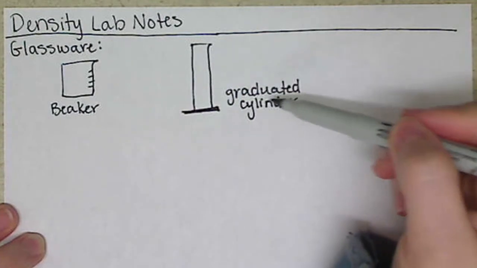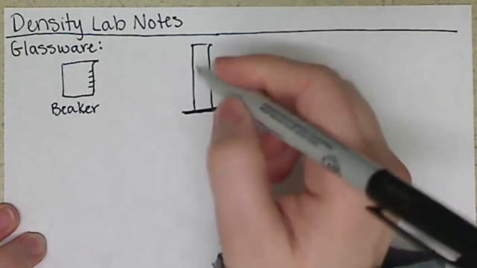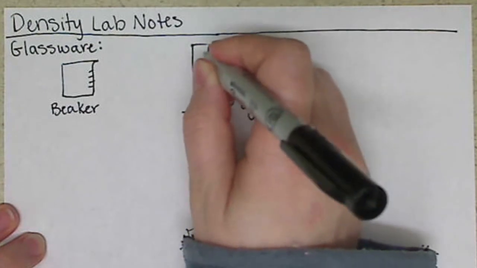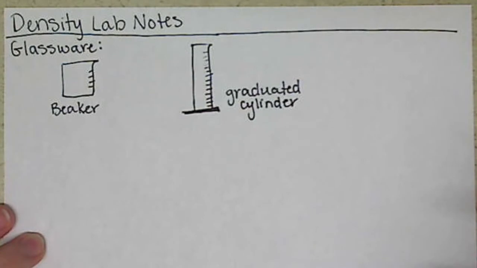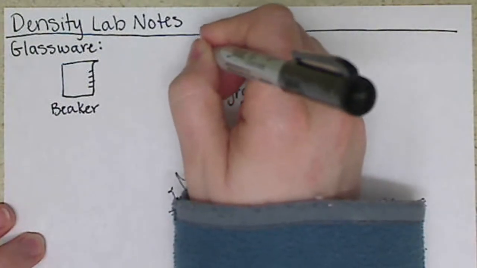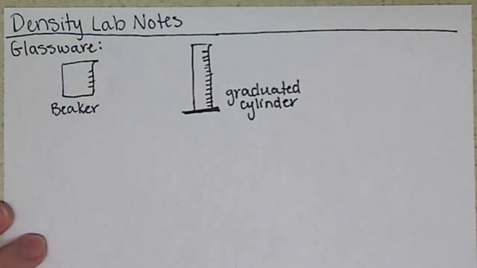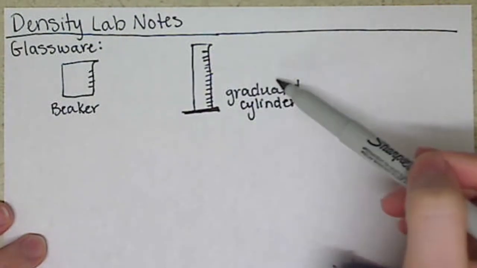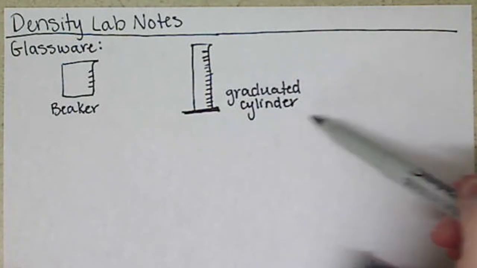Whenever we have glassware that is graduated, what that means is it's going to have a number of markings all the way up. The volume will be graduated all the way up the side of that glassware. We're actually going to talk about how to measure a volume with a graduated cylinder in a little bit.